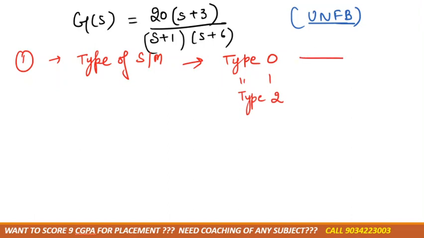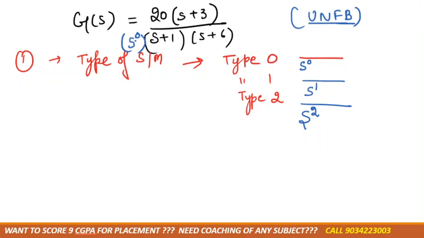If we have s to the power 0 in the denominator, that is a type 0 system. If we have s to the power 1 in the denominator, it is a type 1 system. If we have s raised to power 2 in the denominator, that is type 2. Now as you can see, in the denominator there is s raised to power 0, because anything raised to power 0 is always equal to 1, correct?